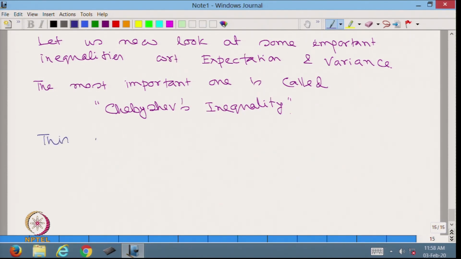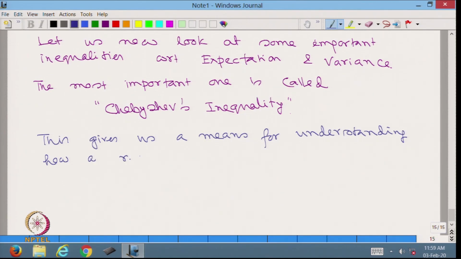This gives us a means for understanding how a random variable's variability is around its expectation.